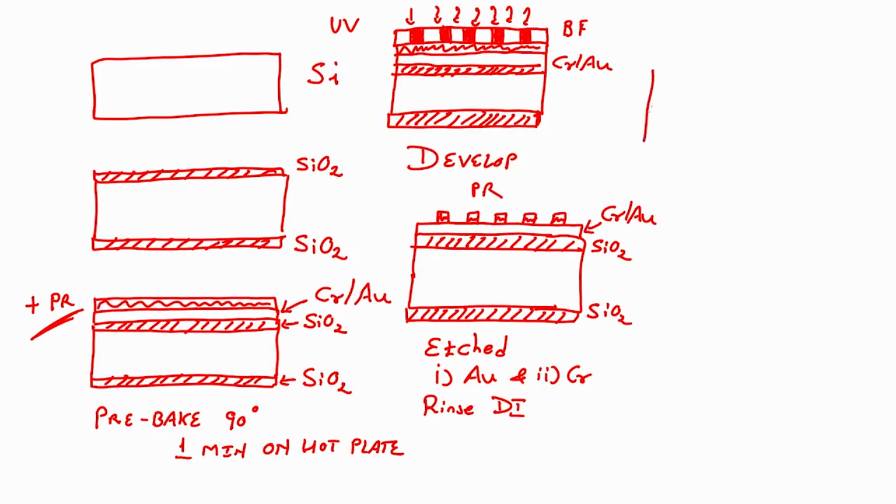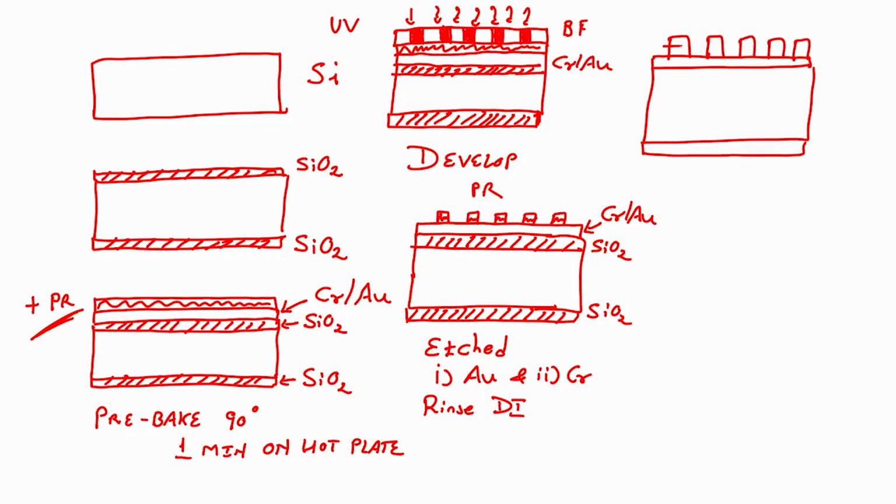I got a wafer with metal on the area where photoresist was there, and in the rest of the area the metal got etched.